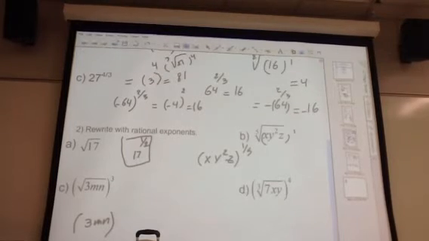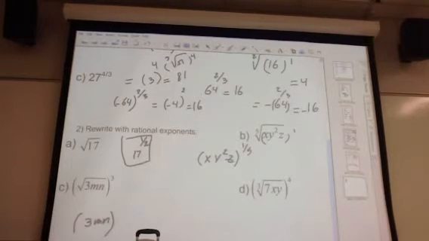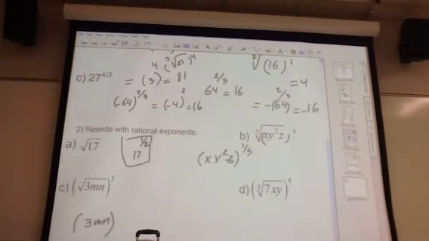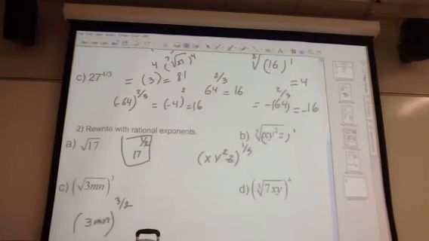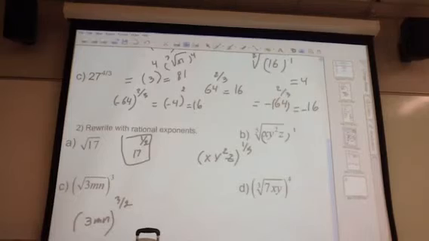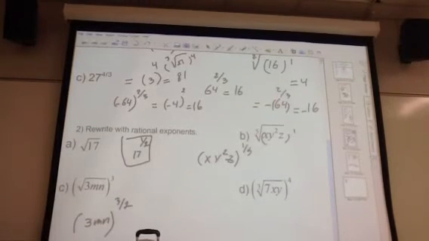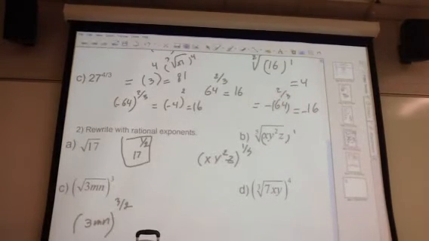This is raised to the 3, isn't it? 3 over 2. Remember, the index is the denominator. The power or exponent for all of them together is the numerator.